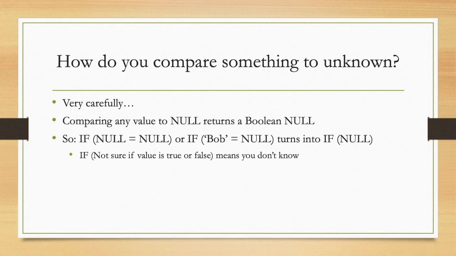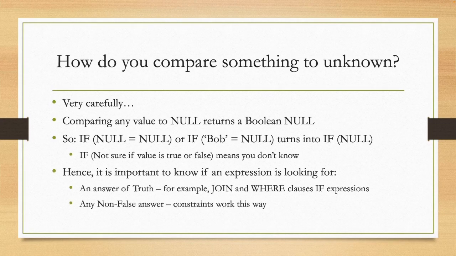So if null equals null, or if Bob equals null, the answer is null. So it really means if I'm not sure what the value is, whether it's true or false, it really means you don't know. So don't treat it as truth. So it's important to know if you're looking for truth or non-false in your expressions.